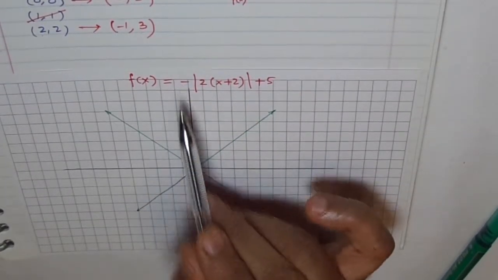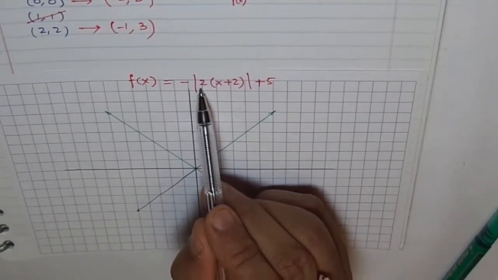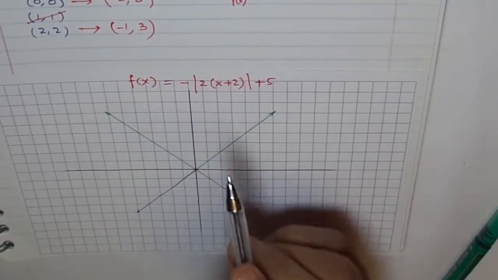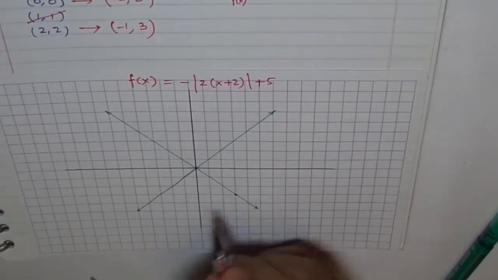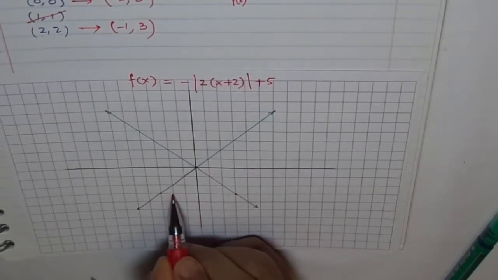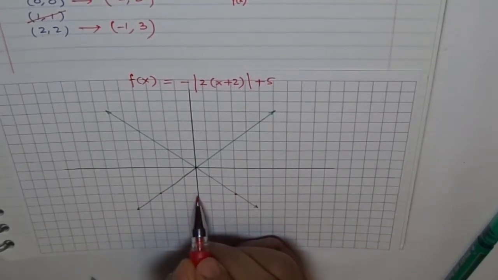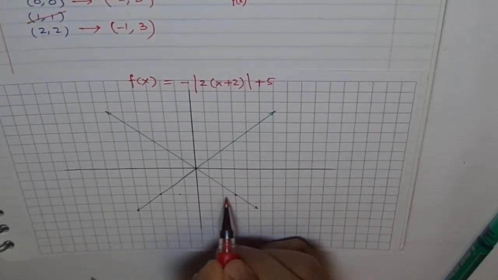So when you go left to right, minus reflection, that's the first thing. Horizontally compressed by a factor of half. It means what? It means that, let's consider this point. So this point is how many units? 1, 2, 3. So it will come to the center, 1.5. Correct? 1, 2, 3.